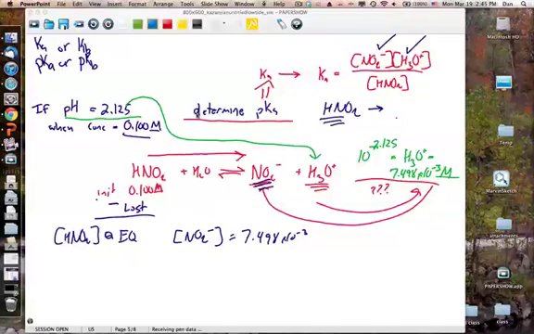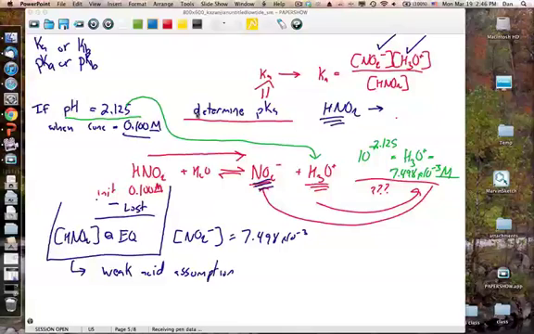Once we calculate that value, we could do two things here. Let's pretend that we use the weak acid assumption. The weak acid assumption says that at equilibrium, the HNO2 concentration will be approximately equal to what you started with, because HNO2 minus X will be small.